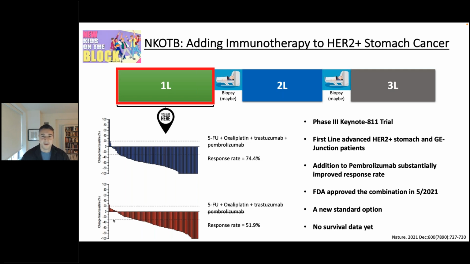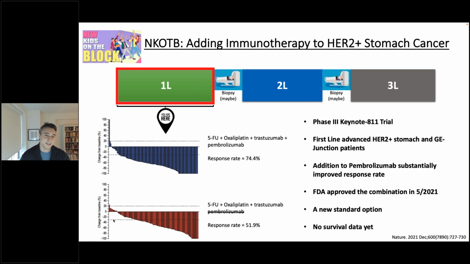So there's been a big phase 3 trial called Keynote-811 where they compared people, and I'm showing the blue and the red, the people who got 5-FU and oxaliplatin and the HER2 drug Trastuzumab. When you added immunotherapy, the response rate was almost 75%. Compared to the group without immunotherapy, the response rate's around 52%.